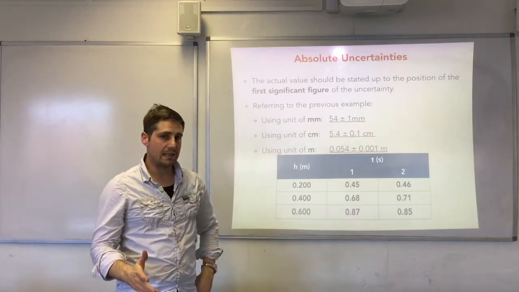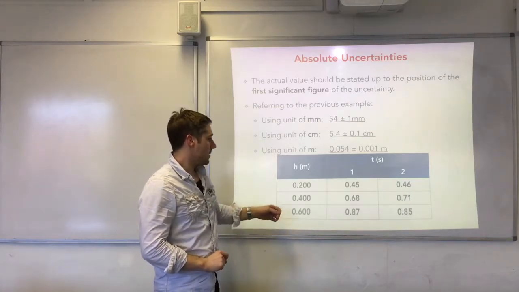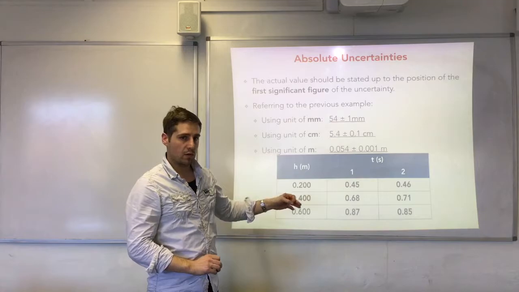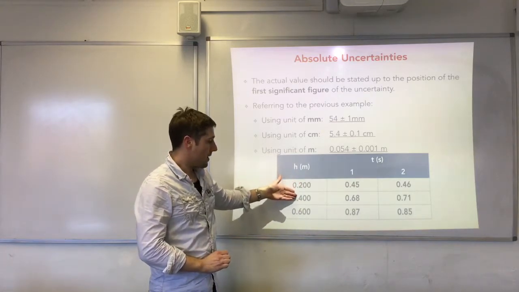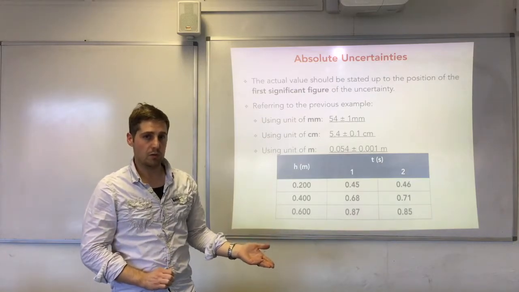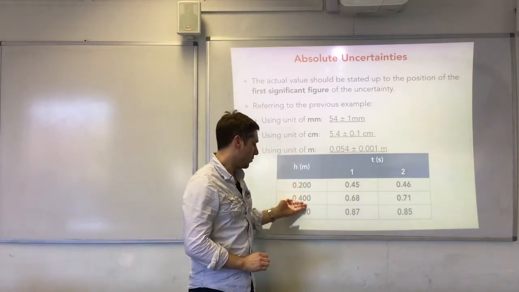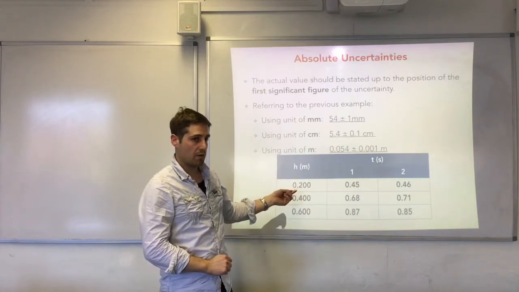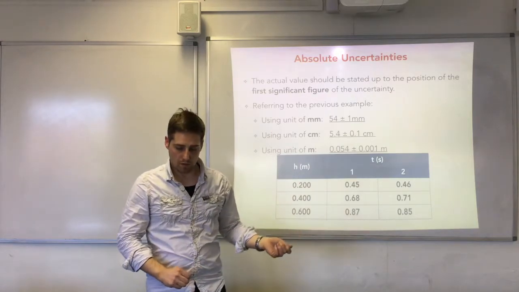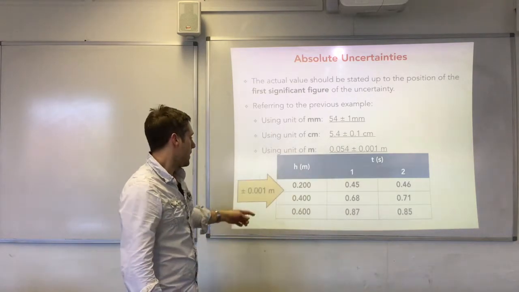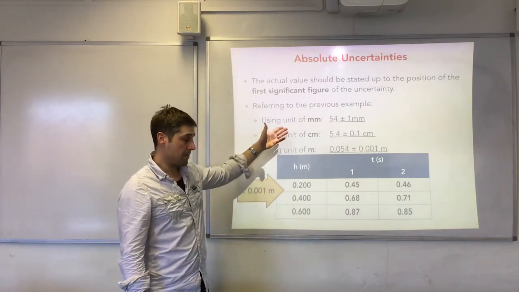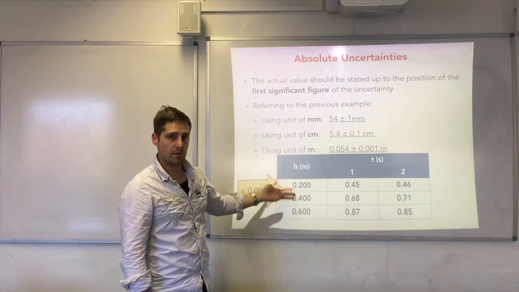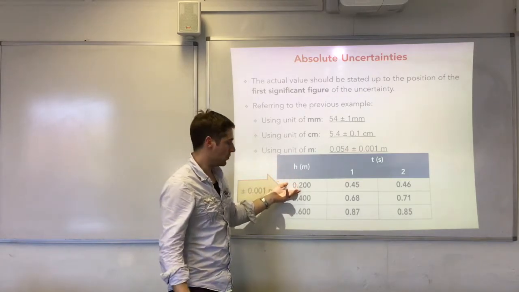If you're putting data into a table, then you indicate the absolute uncertainty or the precision of your measurements by the number of decimal places that you include down the column. So all of these values are measured to the nearest 0.001 of a meter. So the uncertainty there is plus or minus 0.001 meter. Same precision as these, because that's a height. It's measured with the meter rule.